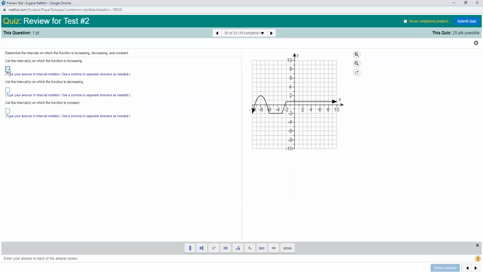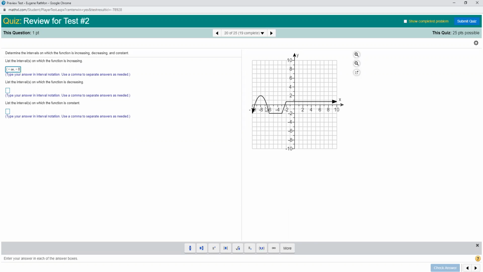Remember, these always use parentheses. So this first one's coming in on the x's until I hit the x value of -8. So it's coming in from -infinity. So go from -infinity, comma, and then it stops at -8 on the x's.